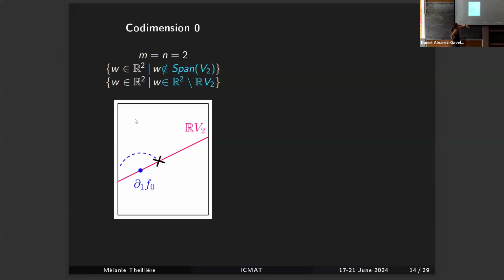And we see that it's not possible. In fact, the plane is cut into two path-connected components, and the convex hull of each path-connected component is not the whole space. So it's up or down, but it's not all the space in codimension 0.